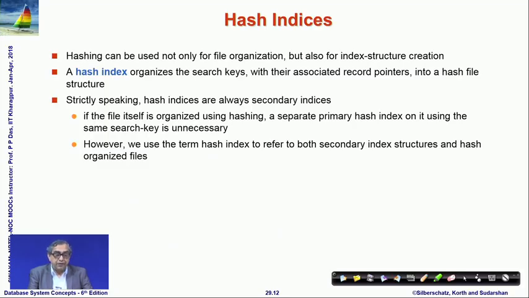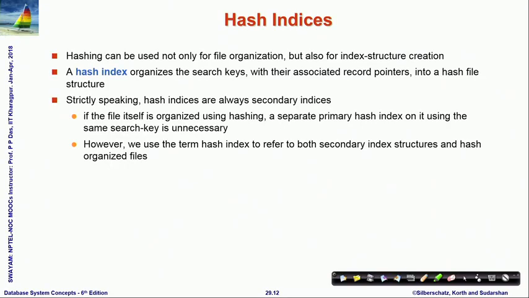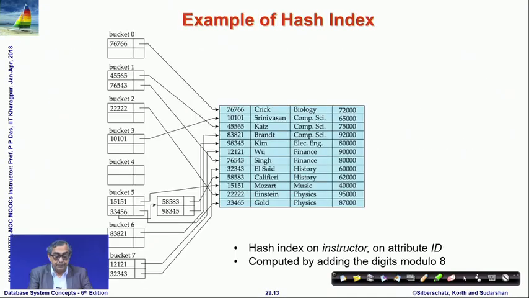A primary hash index would mean taking the primary search key and creating a hash index on that, but if the file is created by hashing, then that already exists. So, anything that you create in terms of indexing is basically a secondary indexing structure in a hash organized file.